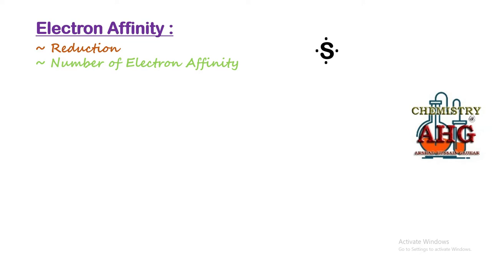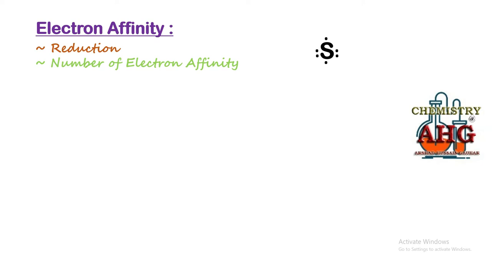First we distribute electrons in unpaired form, then we start their pairing. Now electron number 5 will pair up one electron, electron number 6 will pair up another electron. Now what you can see in the valence shell of sulfur, how many unpaired electrons are there? There are 2 unpaired electrons. It means how many electron affinities sulfur can have? Sulfur can have 2 electron affinities.